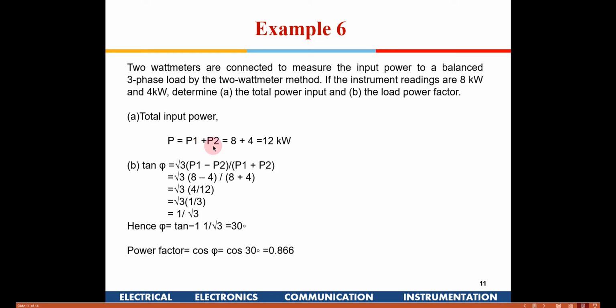The total power will be just P1 plus P2, so 8 plus 4, 12. If it is given as minus 4 kilowatt, for example, then you have to do 8 minus 4, because there could be some energy oscillation. So if it is given negative in the question, it could be 8 minus 4. We saw that in the theory class also.